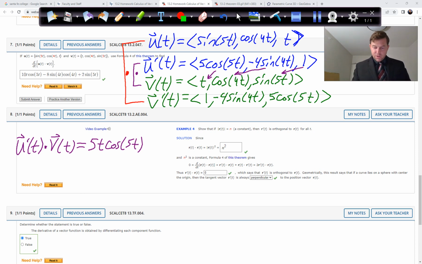Plus the second two terms, minus 4 sine 4t times cosine 4t. So the minus 4 is going to dominate. Minus 4 sine 4t times cosine of 4t. Plus the third two multiplied, 1 times sine 5t is just going to be sine 5t.